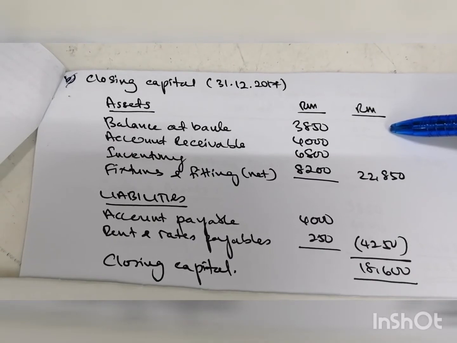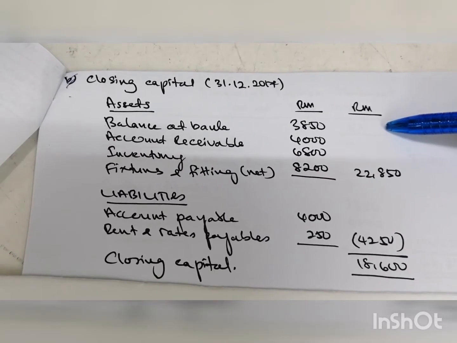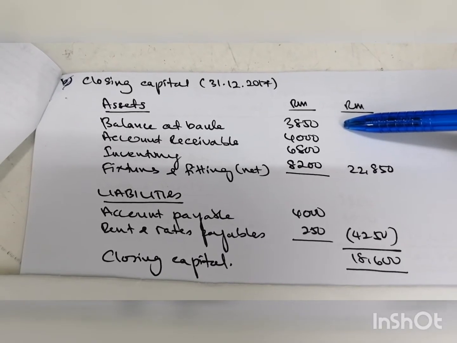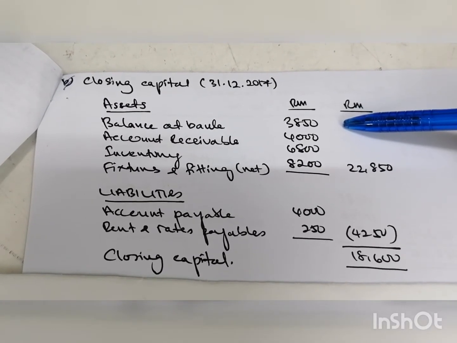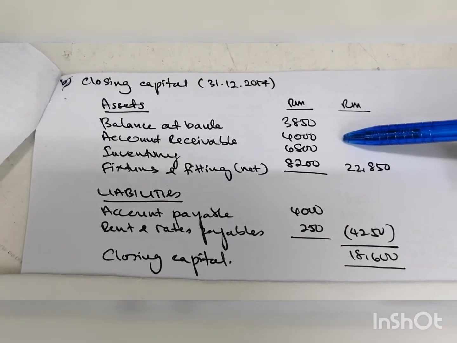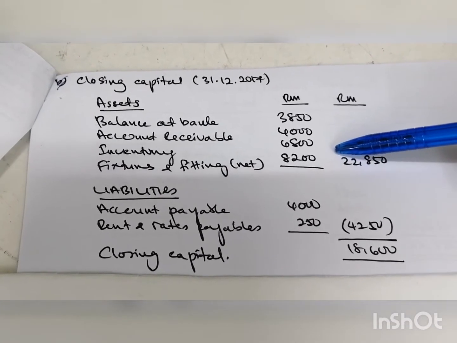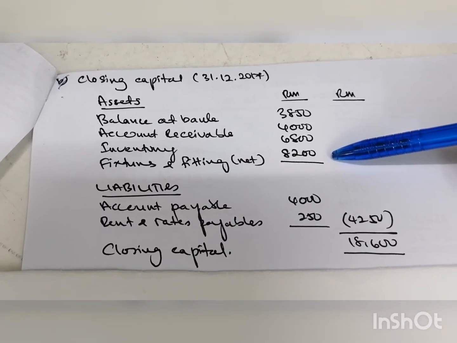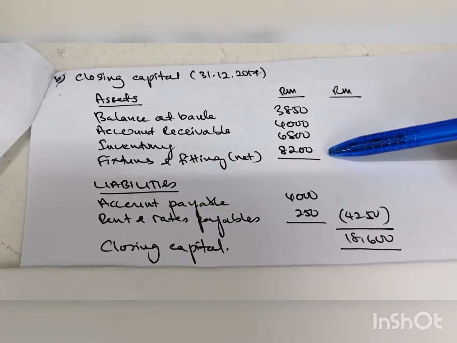For your closing capital on 31st December 2017, your asset balance of bank is 3,850, account receivable is 4,000, inventory is 6,800, and fixtures and fittings in net is 8,200.